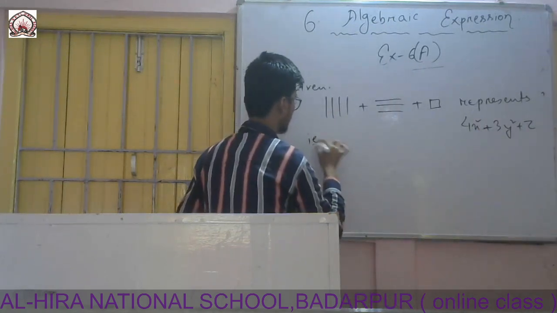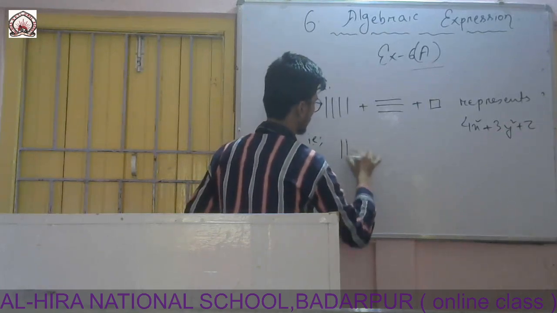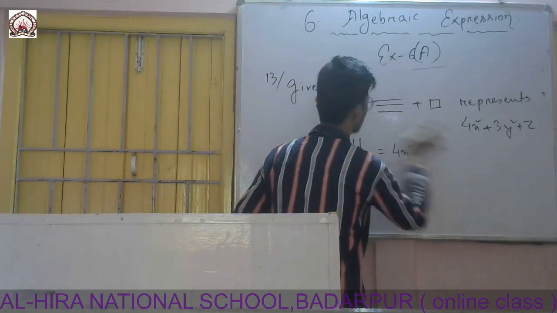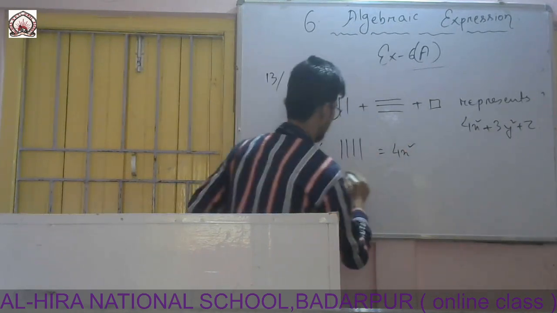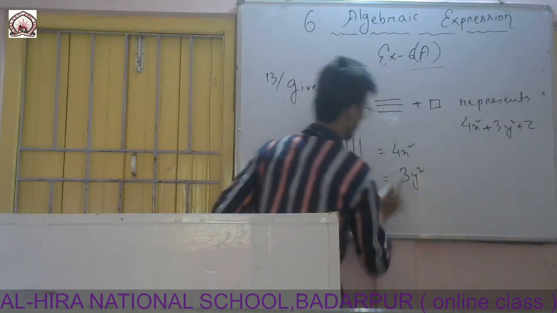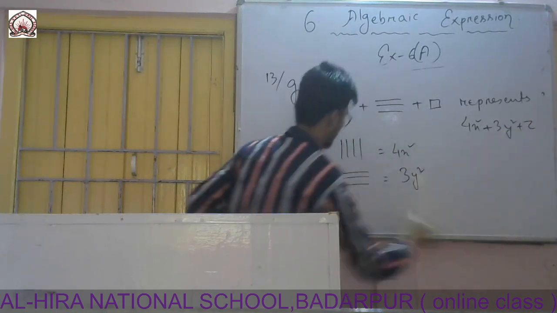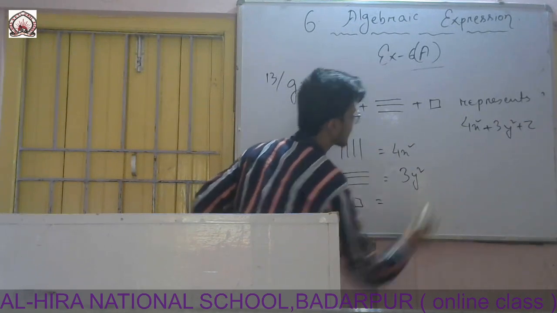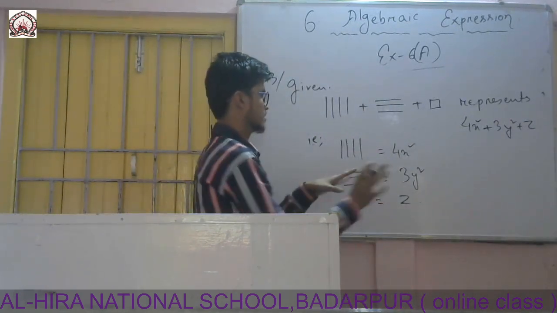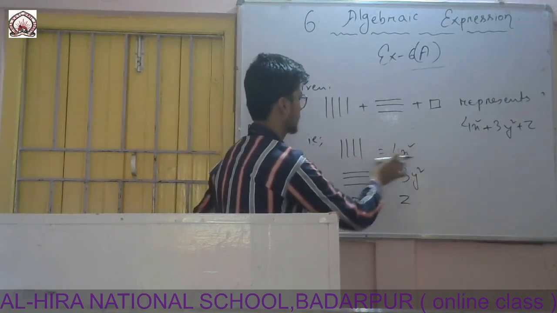If I break it, I can write that these 4 vertical lines are equal to 4x square. This one represents this one. These 3 horizontal lines are equal to 3y square. So this term represents this one, and the last box represents the term z. Just look at this question carefully.